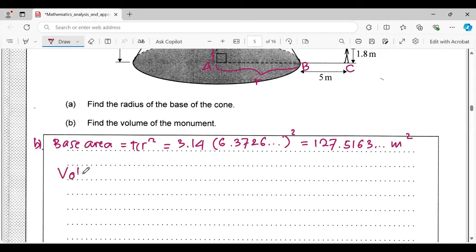And then the volume of the cone is 1/3 times base area times AF, the height. So it is 1/3 times 127.5163 meter squared times AF.